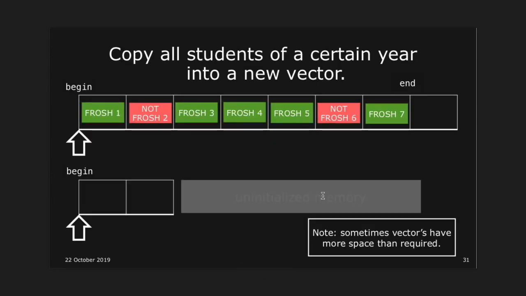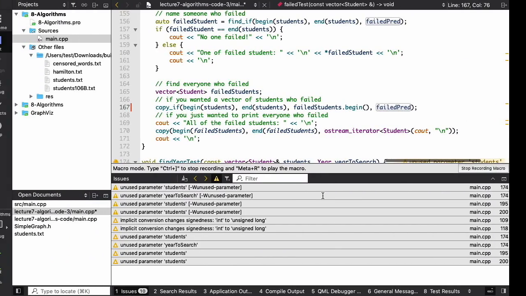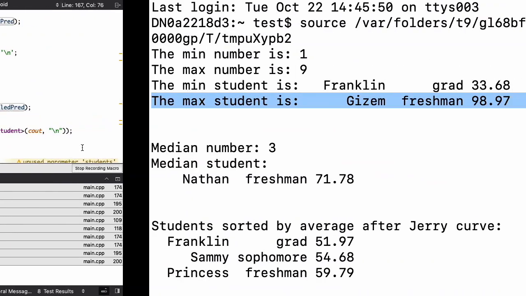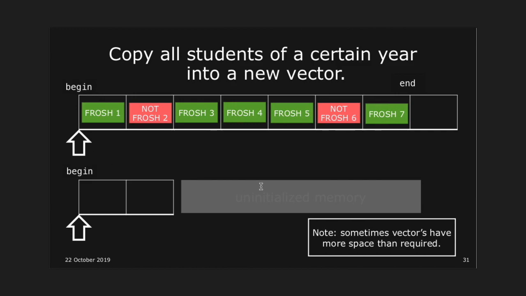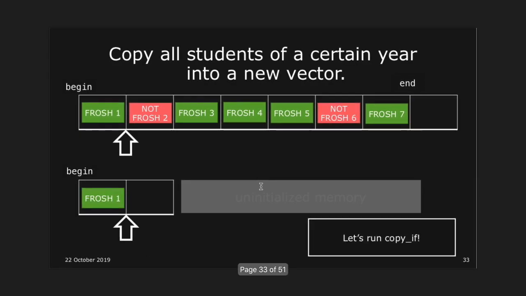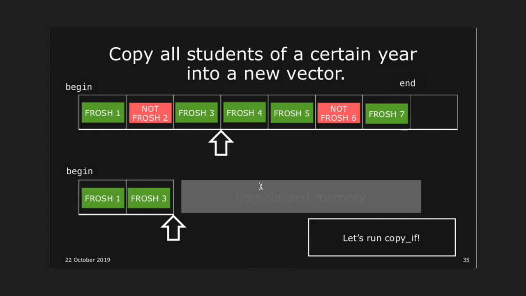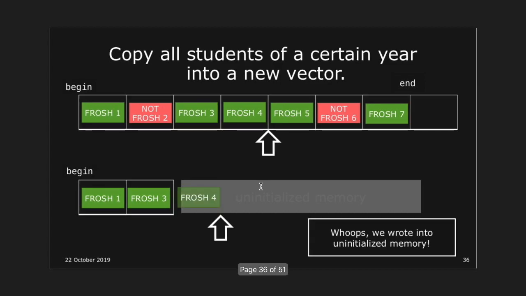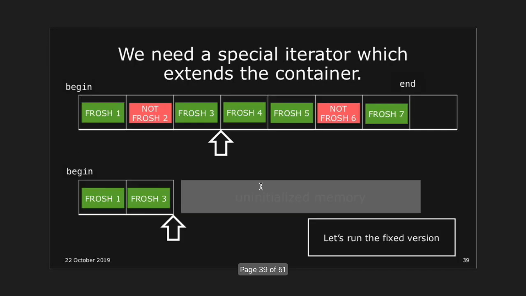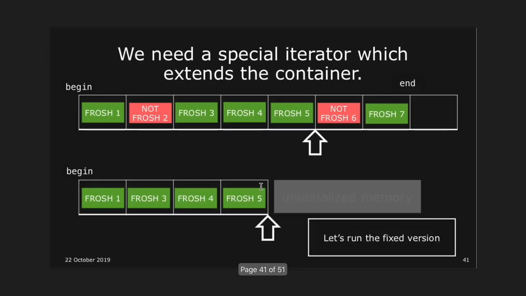Let's say that instead of copying all the failed students, let's be nicer and copy all the freshmen. It's going to go through begin and keep adding elements. But what happens now? It's going to keep adding and adding and adding.